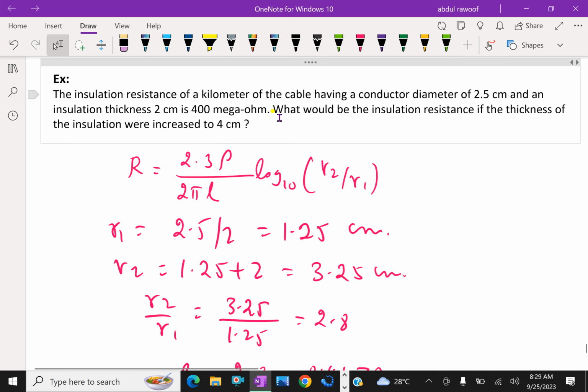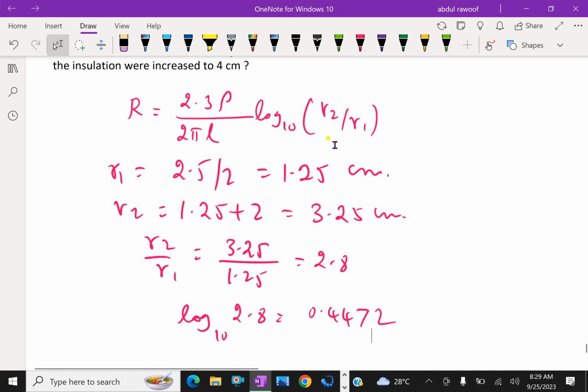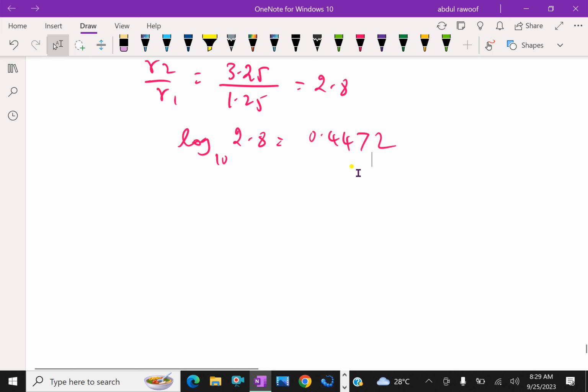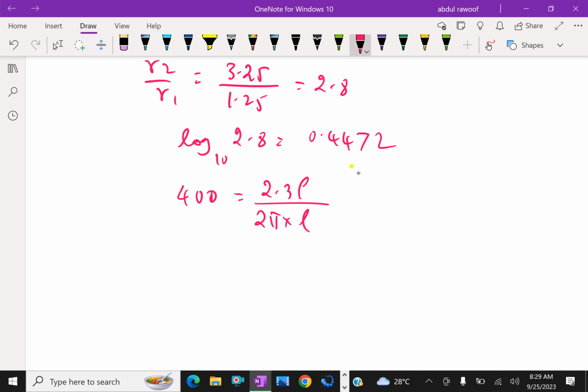So 400 mega ohm equals 2.3 rho by 2 pi L for 1 kilometer, into this value 0.4472. Let it be equation 1.